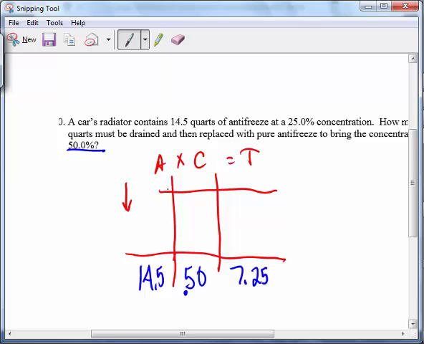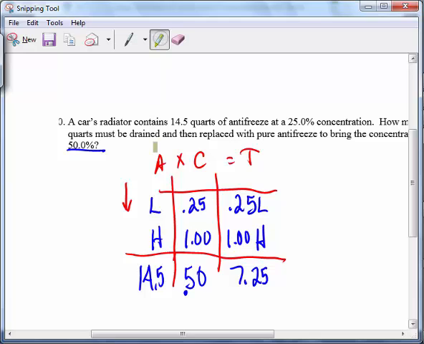Okay, we are going to take a certain amount, let's call it low concentration, because that concentration is 0.25, so we get 0.25 L when we multiply that. High concentration is actually 100%, so we get 1.00 H. Okay, so our two equations are here and here.